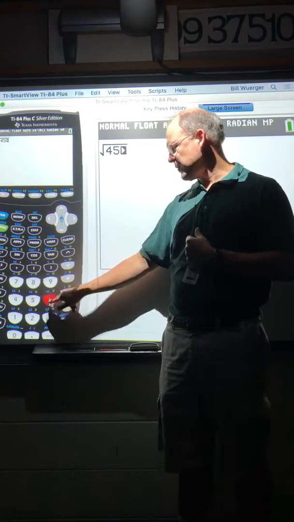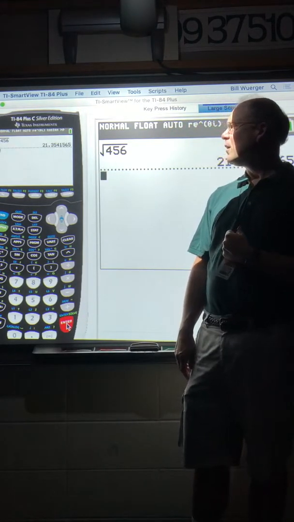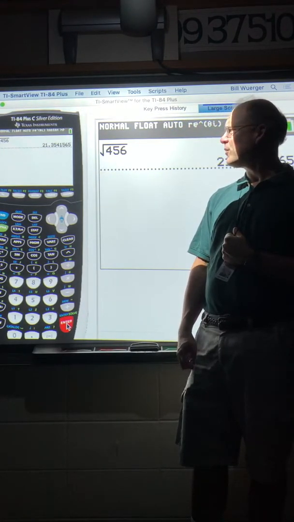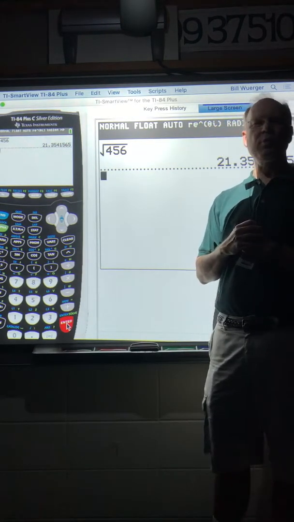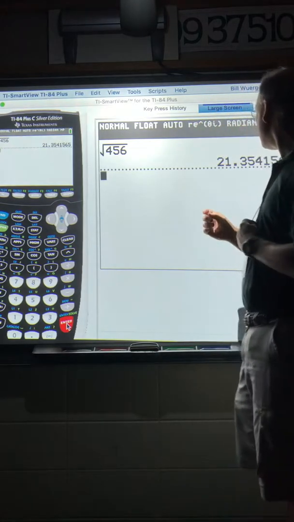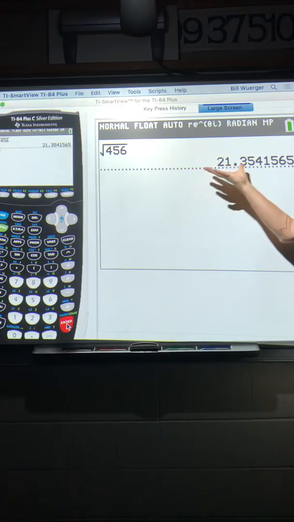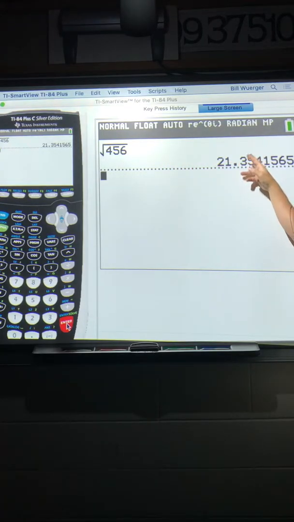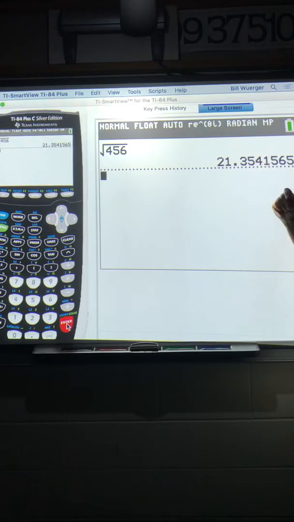Square root of 456. Okay, and I got the decimal there, so let's round to the nearest tenth. So about 21.4. You can see a little better over here. Square root of 456, 21.35. So if that hundredths place is 5 or higher, we round up. This is closer to 21.4 than it is 21.3.